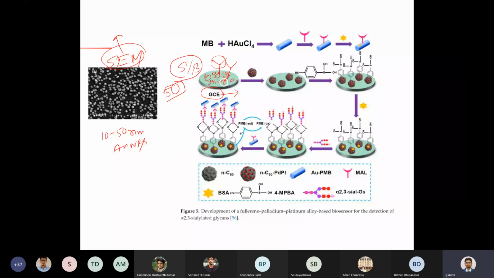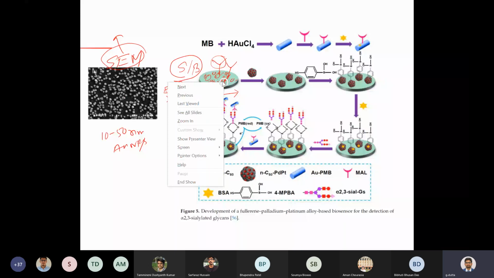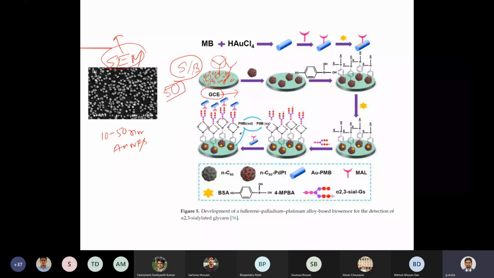But if we drop some gold nanoparticles and increase the surface area, we can immobilize almost 5,000 antibodies. So a huge amount of biomaterial can be immobilized with the help of nanomaterials. This is the utility of nanoparticles on the sensor surface, so we can get a higher signal to background ratio.